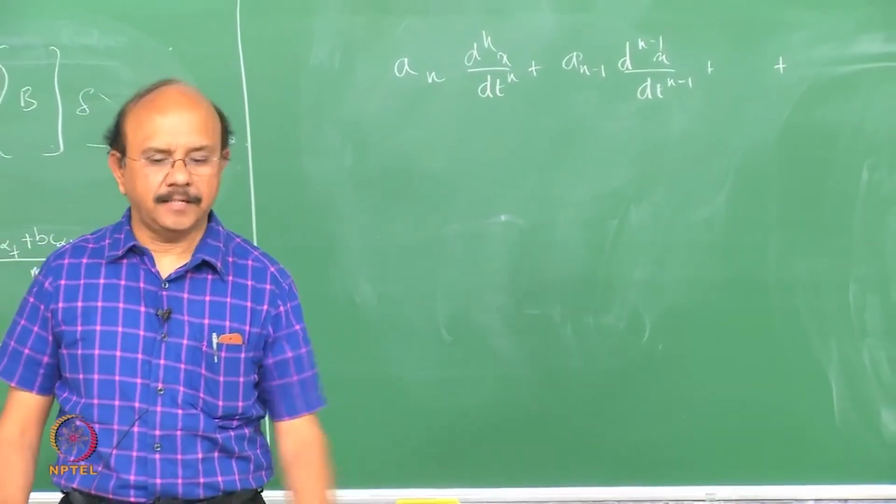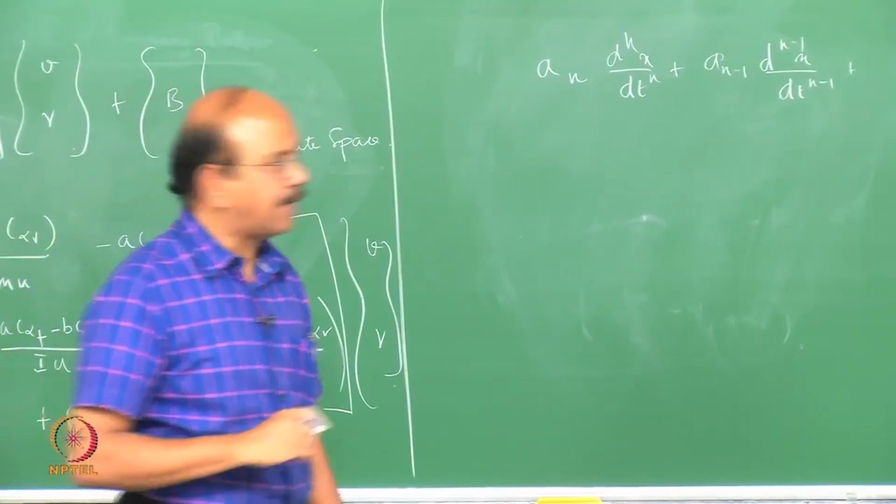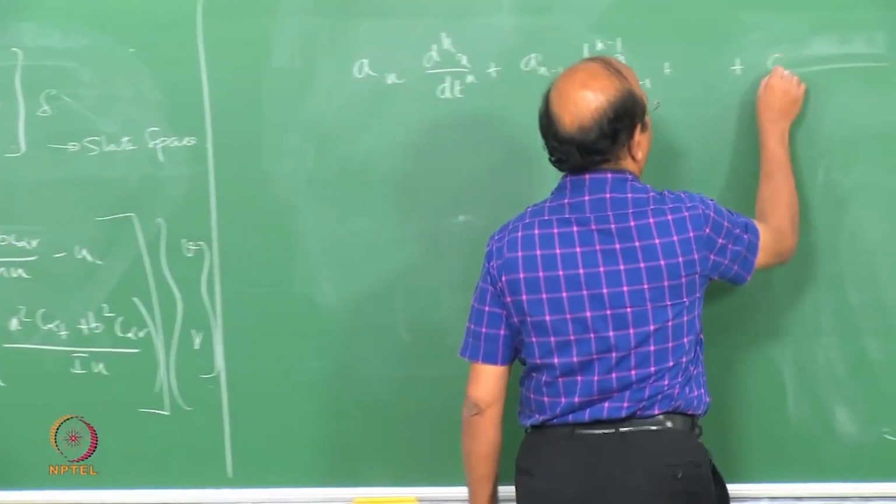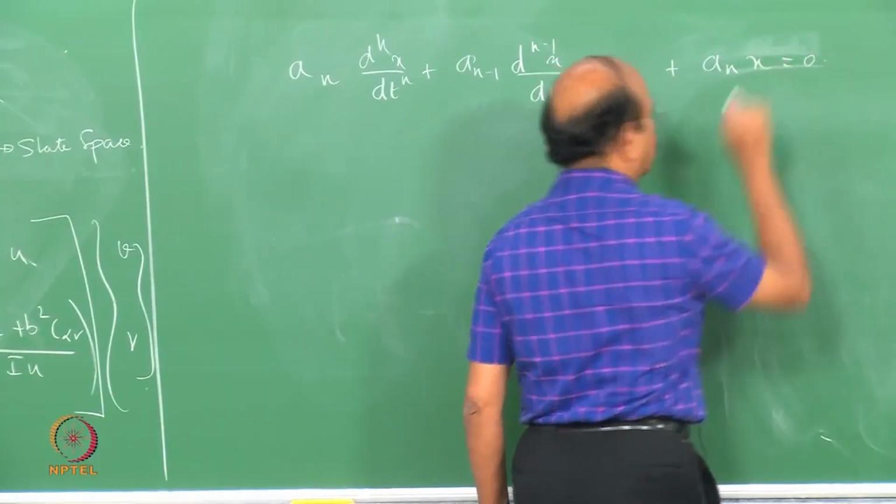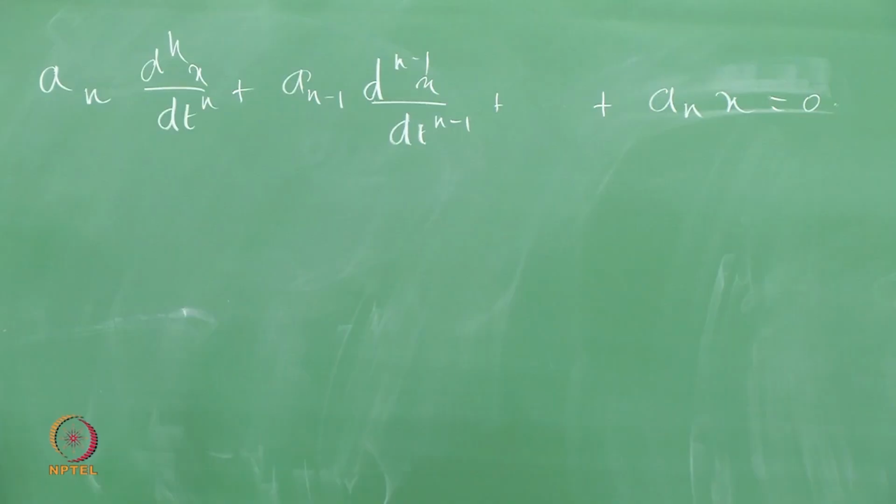Okay, this is the nth order system, so the last term should be available, plus an times x is equal to 0. Note that a0 cannot be 0 if you are looking at an nth order system.